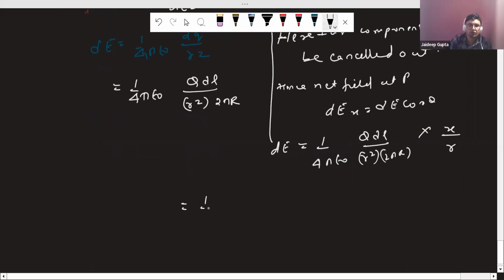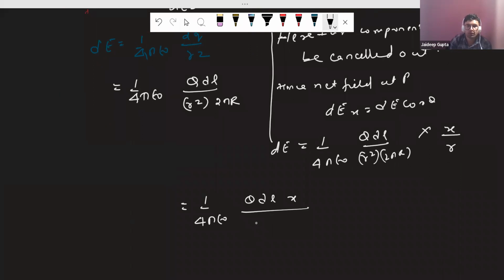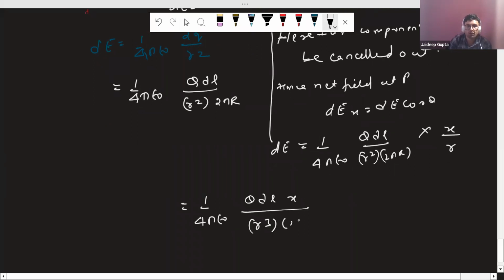This equals 1 over 4 pi epsilon, q dl times x over r cube 2 pi r. Do you have any doubt till here? This derivation is very important.